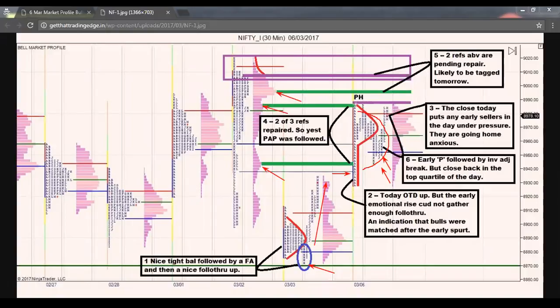That tells us that we might go higher tomorrow and repair at least this reference, which is the HVN from yesterday, and we might go even higher and repair this particular anomaly. So that is the action which is possible for tomorrow.